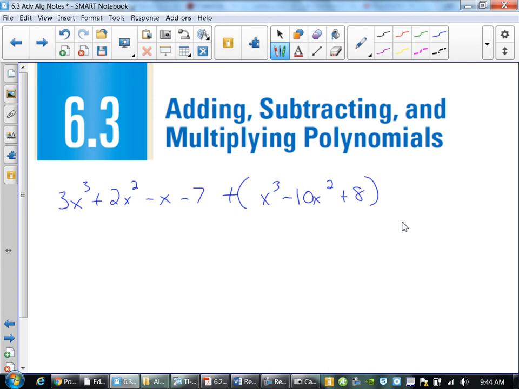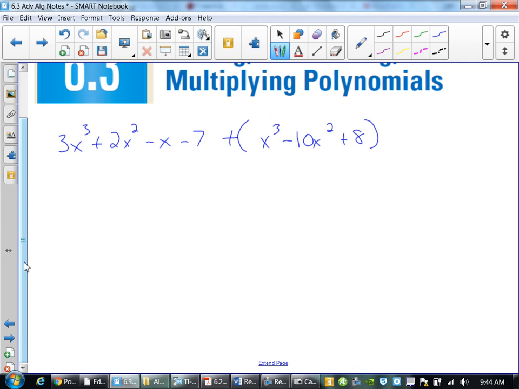So, in this case, when you're adding and/or subtracting, guys, it's just combining like terms. One thing that I would suggest when you read the problems: don't do addition or subtraction horizontally. Rewrite it vertically. Put everything in descending order.